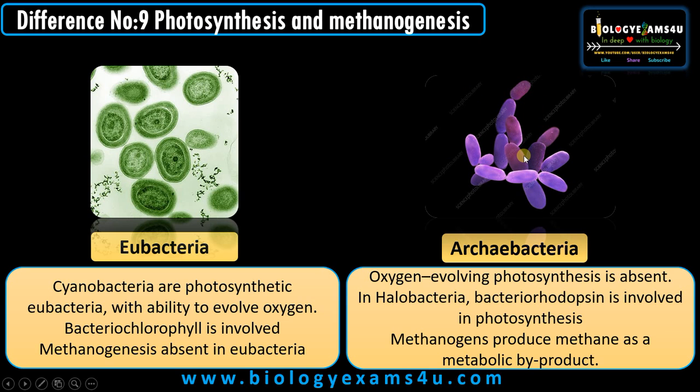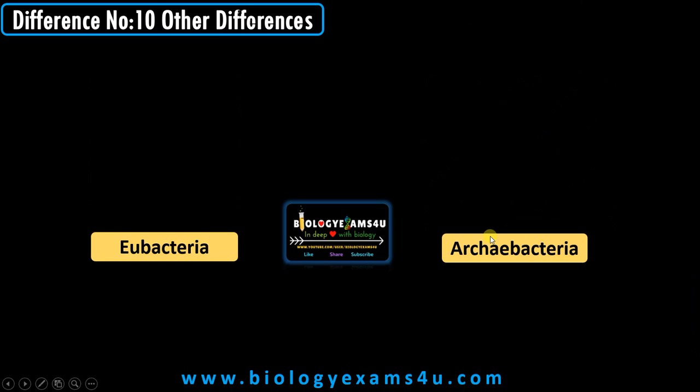In Halobacterium, there is photosynthesis and bacteriorhodopsin is involved. There are methanogens in Archaebacteria, or methane producing microbes, that convert carbon dioxide to methane in their normal metabolism, or methane is produced as a metabolic byproduct. So methanogenesis is common in Archaebacteria.